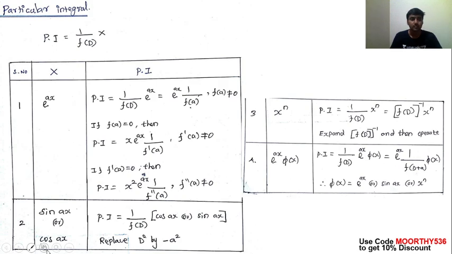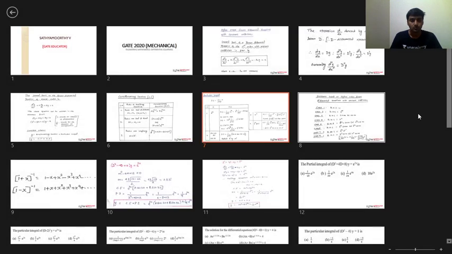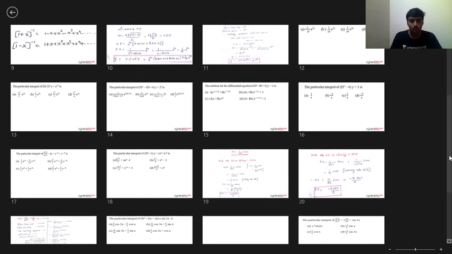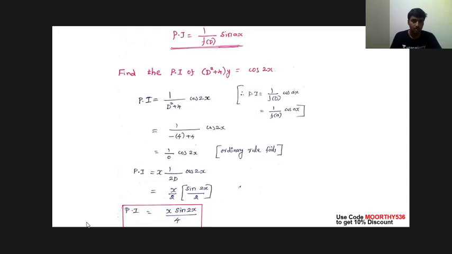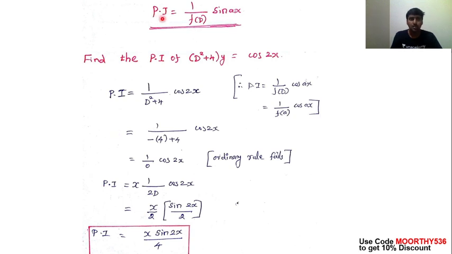The particular integral is 1 divided by f of D into sin ax format. Find the particular integral of D square plus 4 into y is equal to cos 2x.